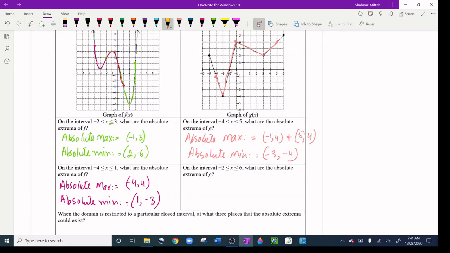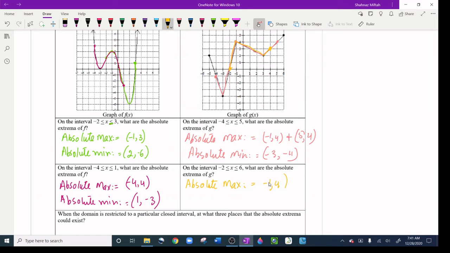So this is -2, and -2 starts here and goes to 4. So I'm going to go all the way to 4, which is right here. That's the yellow one. So the absolute maximum, the highest y value is this, which is 4, and the x value for that is -1 and 4.